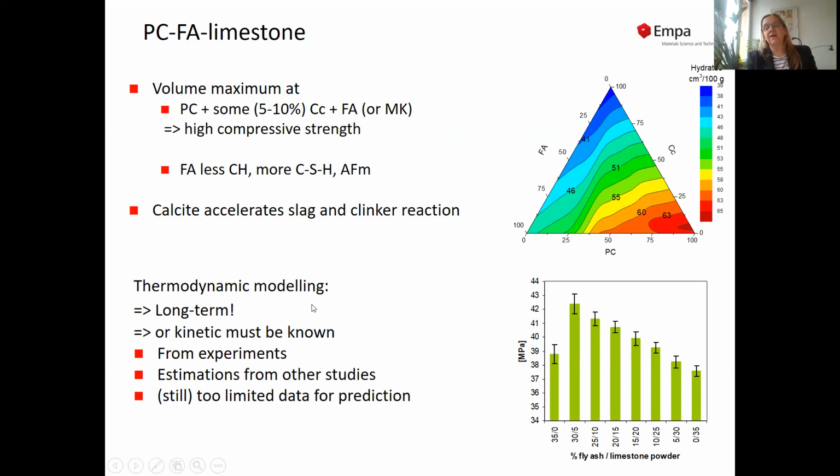Thermodynamic modeling is very easy to apply for long-term hydration, or alternatively, we must know the kinetics of the reaction, which we can obtain from experiments, from equations found in the literature, or from other studies. Unfortunately, we are not yet able to really predict the kinetics of the hydrates, but I assume in a few years we will also be able to do that.